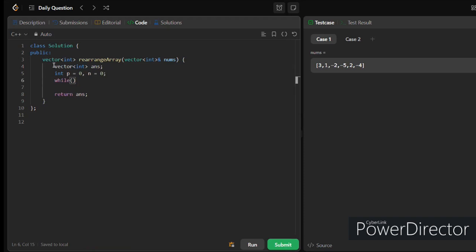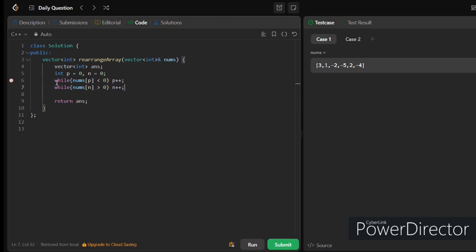We would like to initialize them. So we look for the first occurrence of the positive number, greater than 0, because we will not encounter 0.